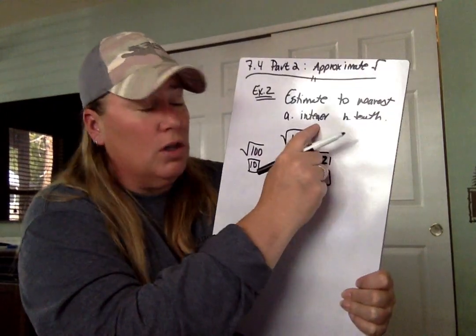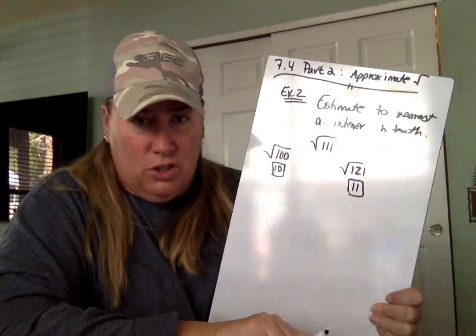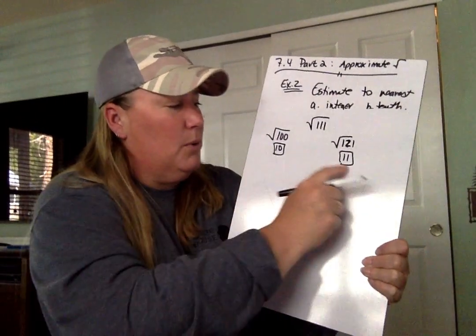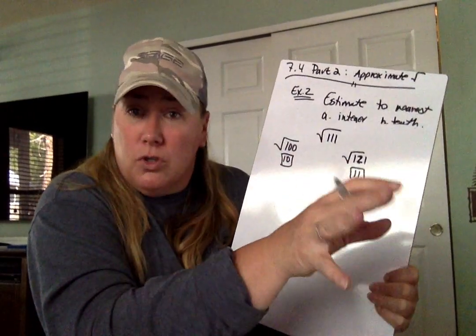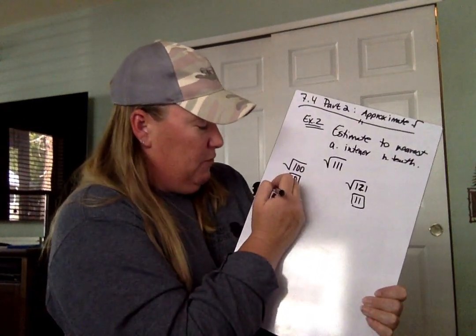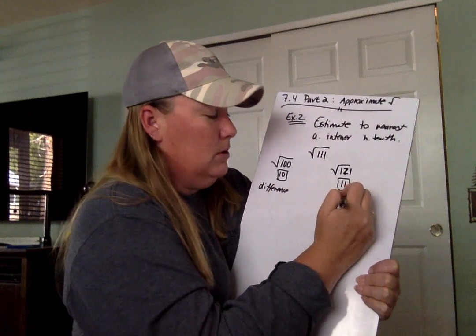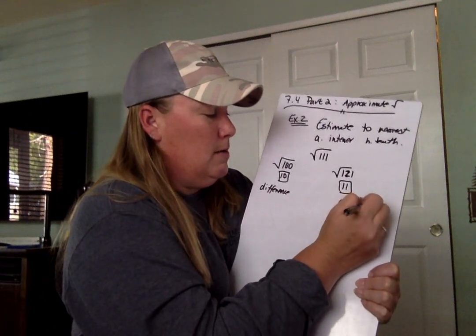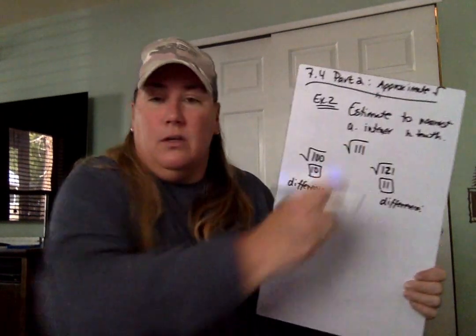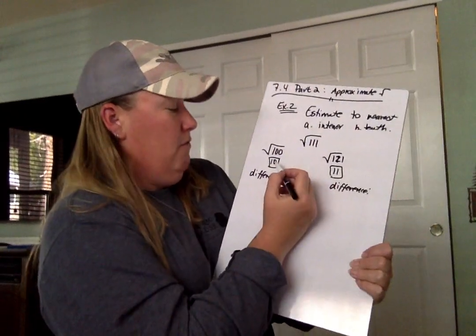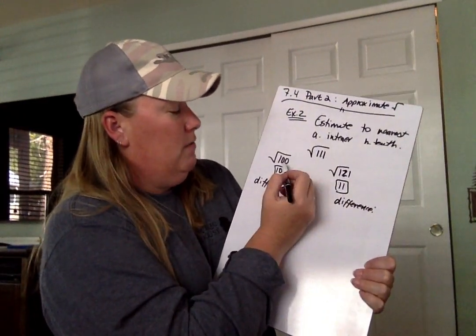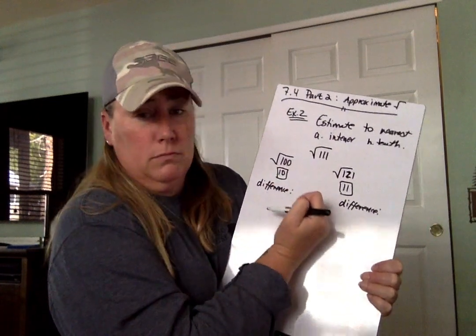Now we want to figure out how close it is to the nearest integer. Okay, so now this is where we're going to take the difference, also known as the distance. So I'm going to write difference this time, knowing it's the same thing as what I did last example. So how far is 111 from 100?